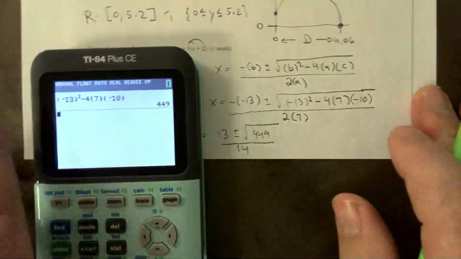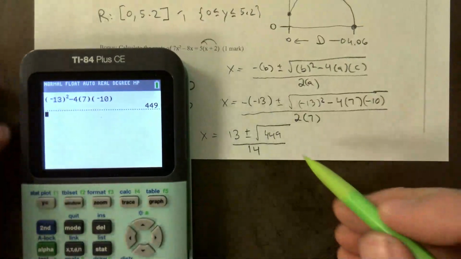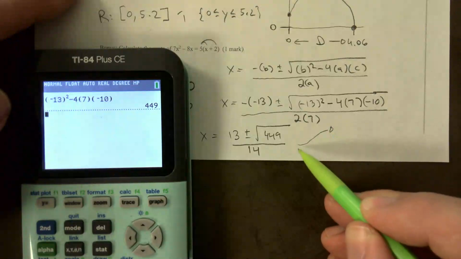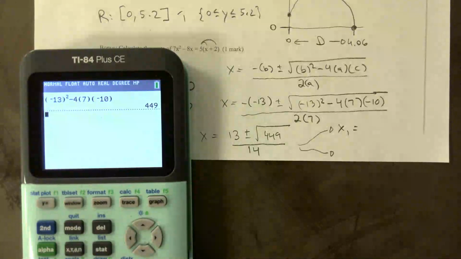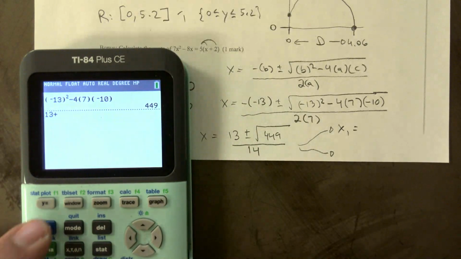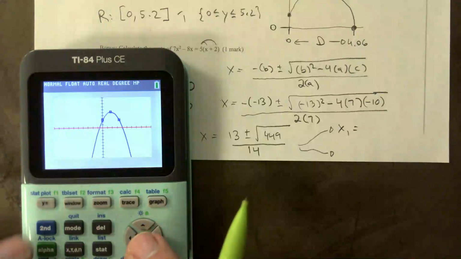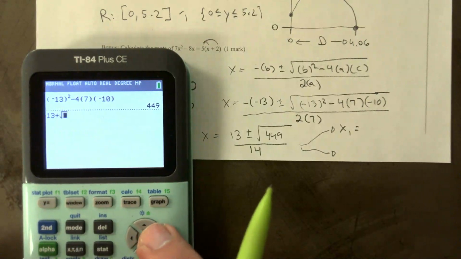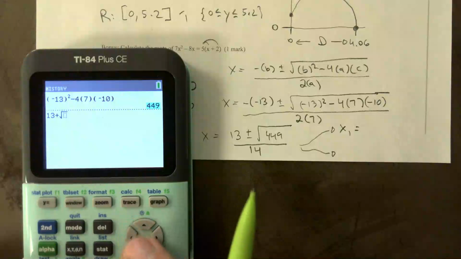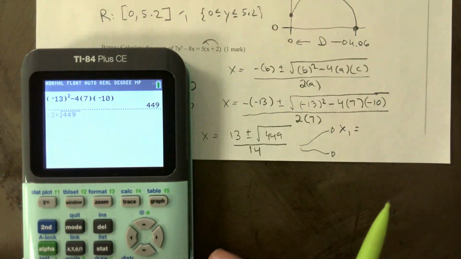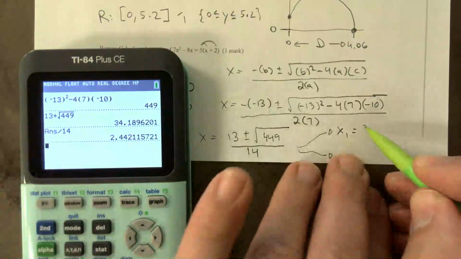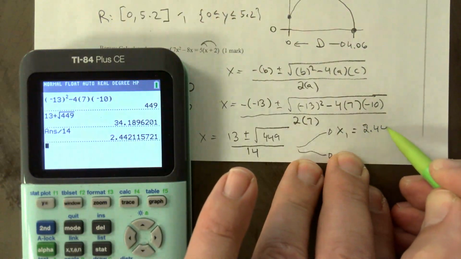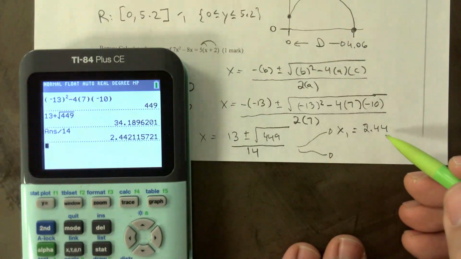And because of my limited space, I'm just going to state both answers here. x1 would be 13 plus the root of 449, you hit enter, divided by 14. So this is 2.44. That's your first x-intercept.